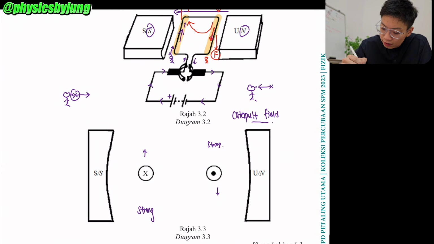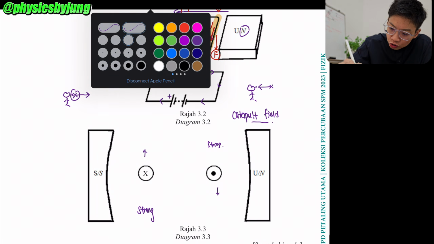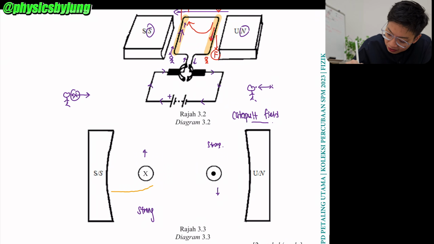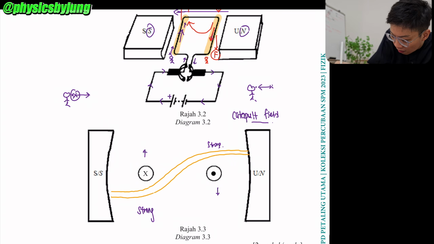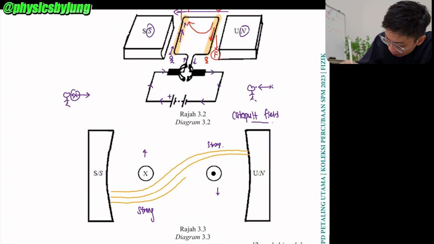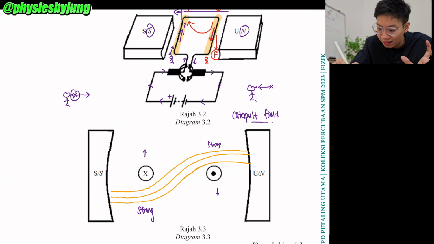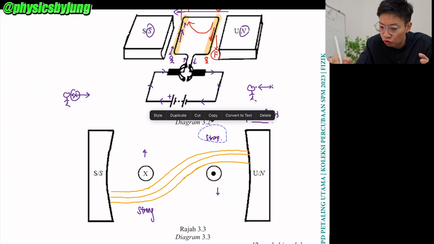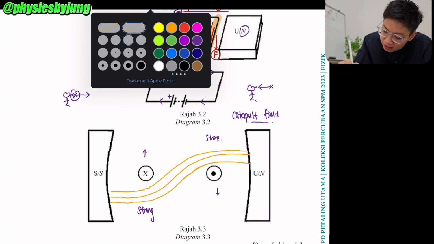So when we draw a catapult field, we have to show that we are drawing lines that look like this. So the strong area must have more lines. The strong area must have more lines, okay? Recommended, guys, to draw at least 4 lines.